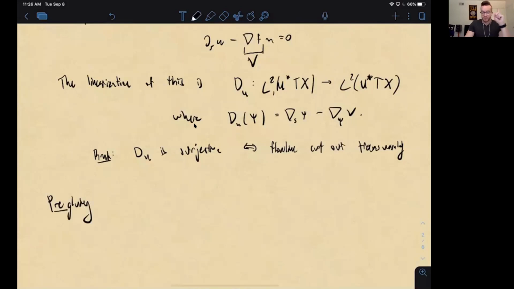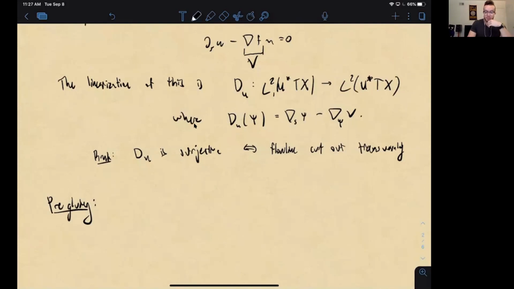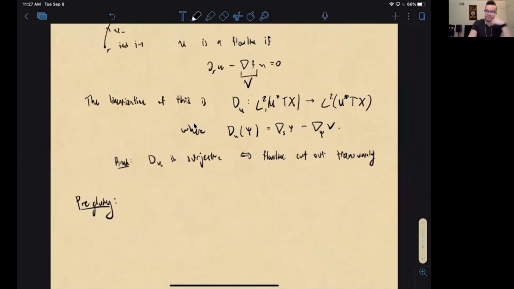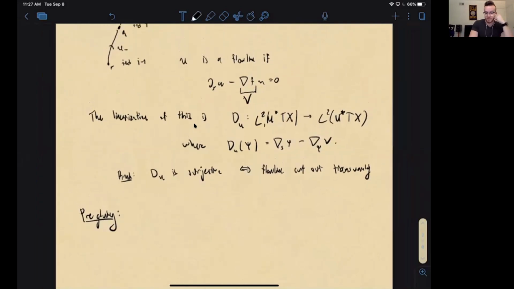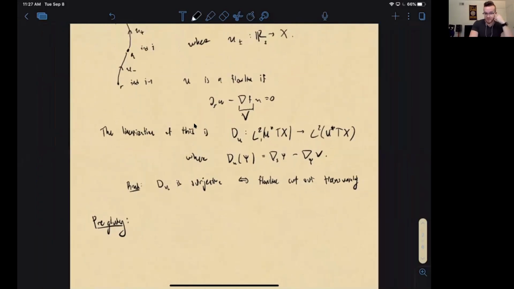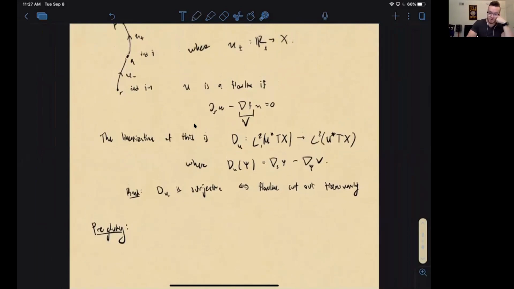By that I mean, as Zoom catches up to me, first of all, I'll pick a coordinate chart near my critical point Q. The interpolation that I'm going to do is at this transition point. So I'll pick a coordinate chart around Q, mostly just because I want to add things.